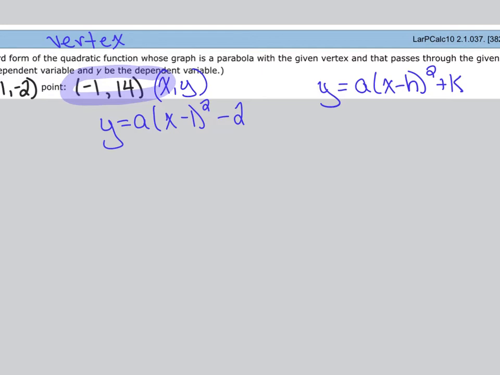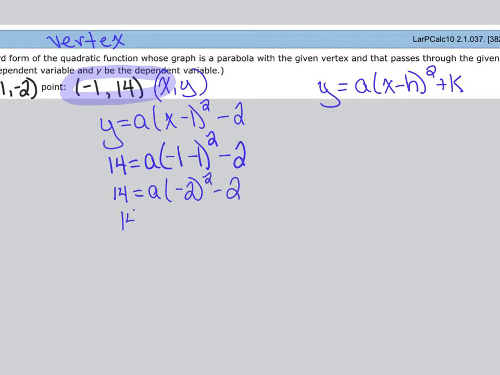You take that additional point and you plug it in for X and Y. So I have 14 equals A times -1 minus 1 squared minus 2. What's -1 minus 1? -2. Okay, and so I'm going to have -2 squared. What's -2 squared? 4. Okay, so I'm actually going to write that as 4A.